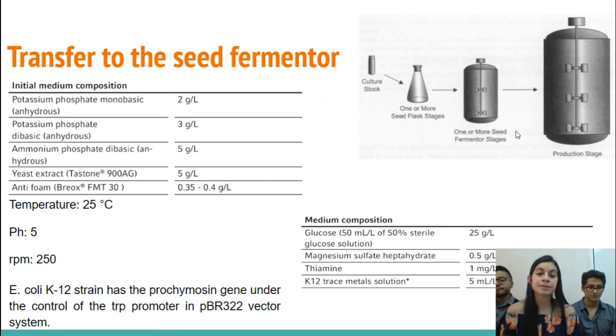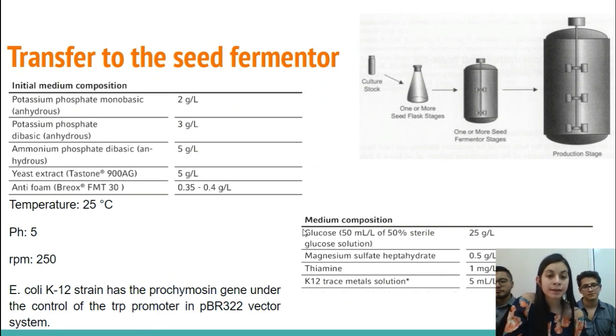The seed fermenter needs to have some conditions, like 2 grams of potassium phosphate monobasic, 3 grams per liter of potassium phosphate, 5 grams per liter of ammonium phosphate dibasic, 5 grams of yeast extract, and 0.5 to 0.4 of antifoam to inhibit bubbles.